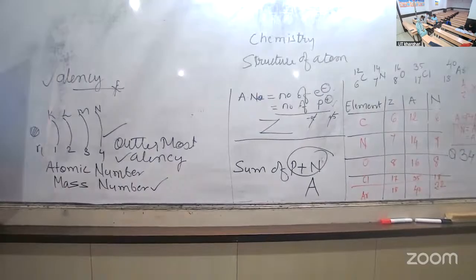Second one, second statement, what is it? A large sphere of positive charge, proposed by whom? Three models we have, three atomic models we have done. J.J. Thomson, Rutherford, and Bohr.